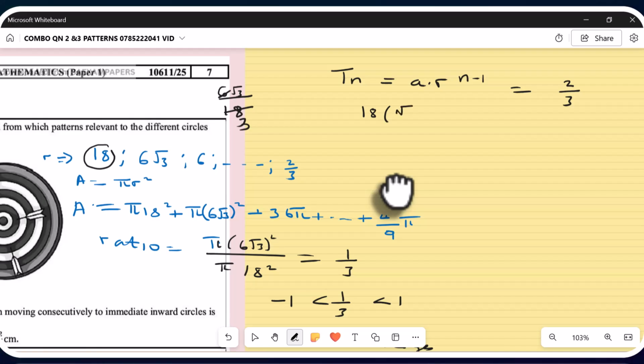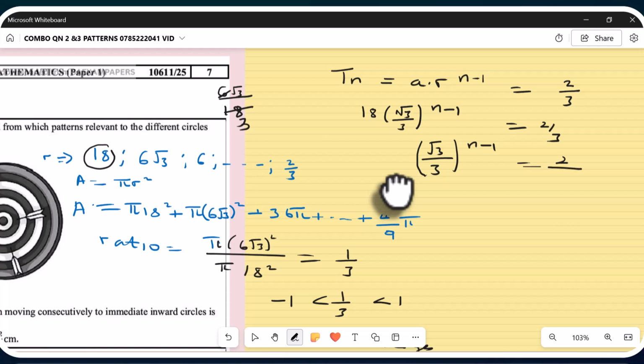Equals to, now this 27 is 3 cubed, but if I take it up there, it's going to be 3 power negative 3, right? So from here, the 3 power a half minus 1 is going to give me negative a half, so I have 3 power negative half, into n minus 1, equals 3 power negative 3, right?